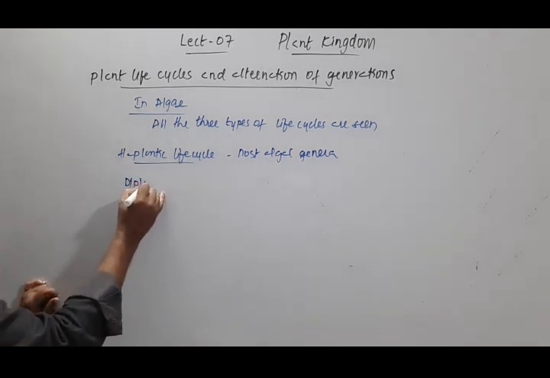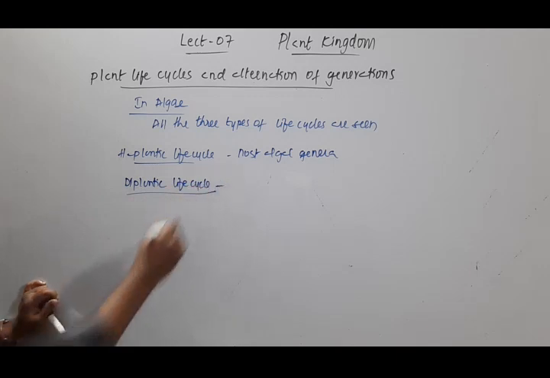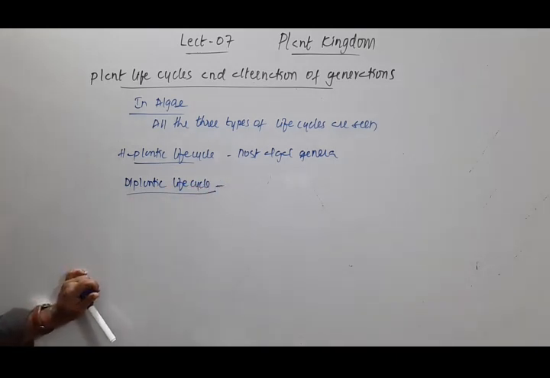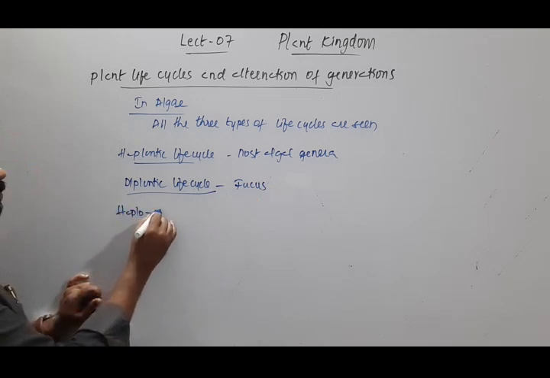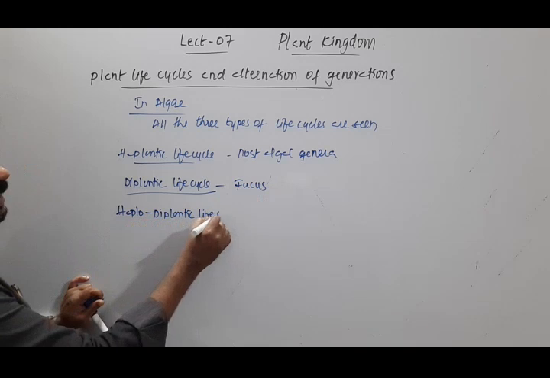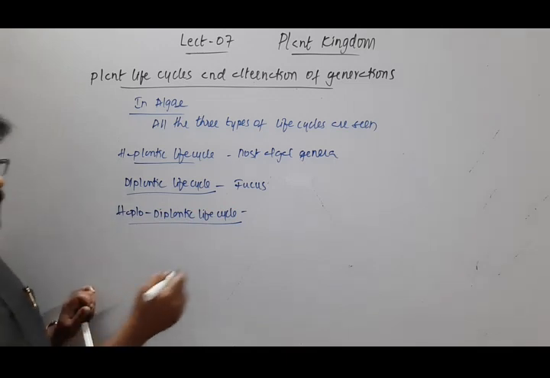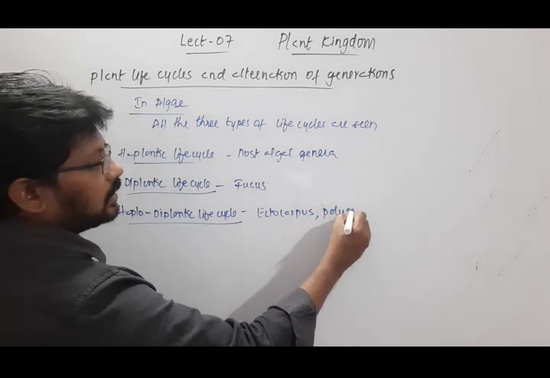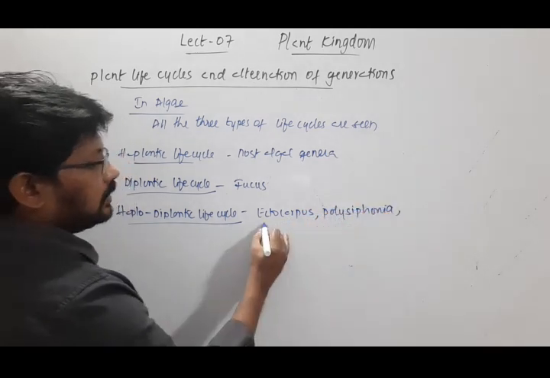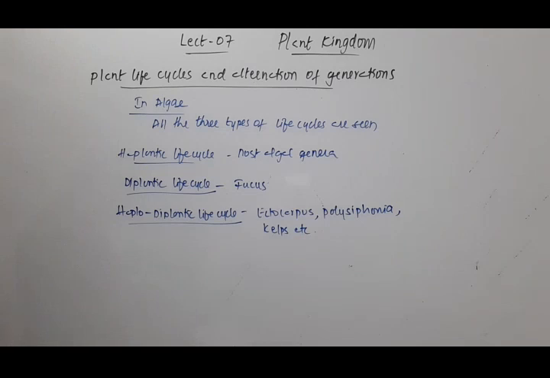Coming to the diplontic life cycle, this is exhibited by Fucus, for example. The haplodiplontic life cycle is exhibited by Ectocarpus, Polysiphonia, then kelps, etc. They exhibit the haplodiplontic life cycles.